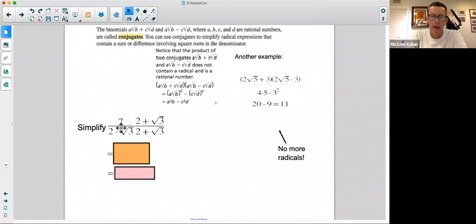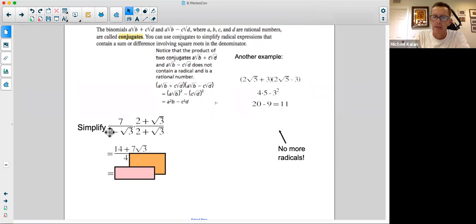So what happens when we multiply this 7 times this binomial? You have to distribute, because this is a monomial times a binomial. The 7 gets multiplied by the 2 and also by the root 3, so we get 14 plus 7 root 3. Now, when we multiply by a binomial, we FOIL. 2 times 2 makes 4.